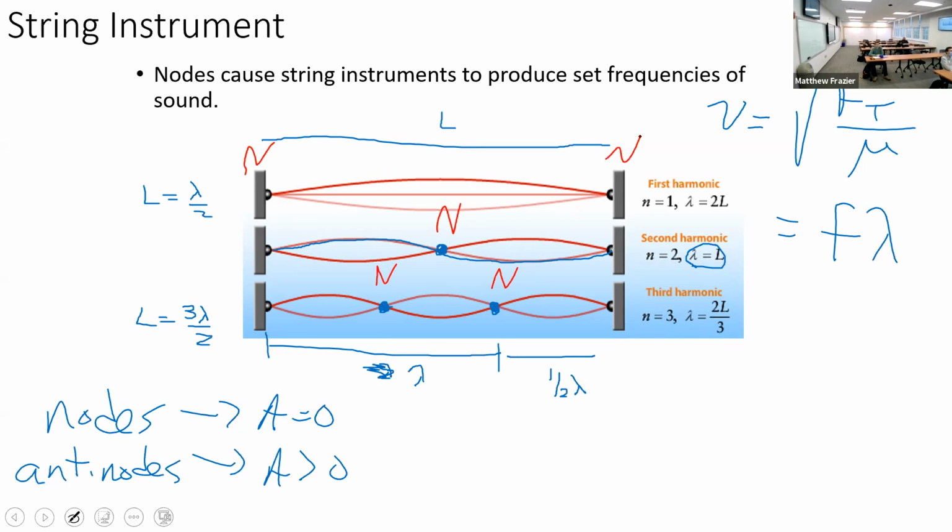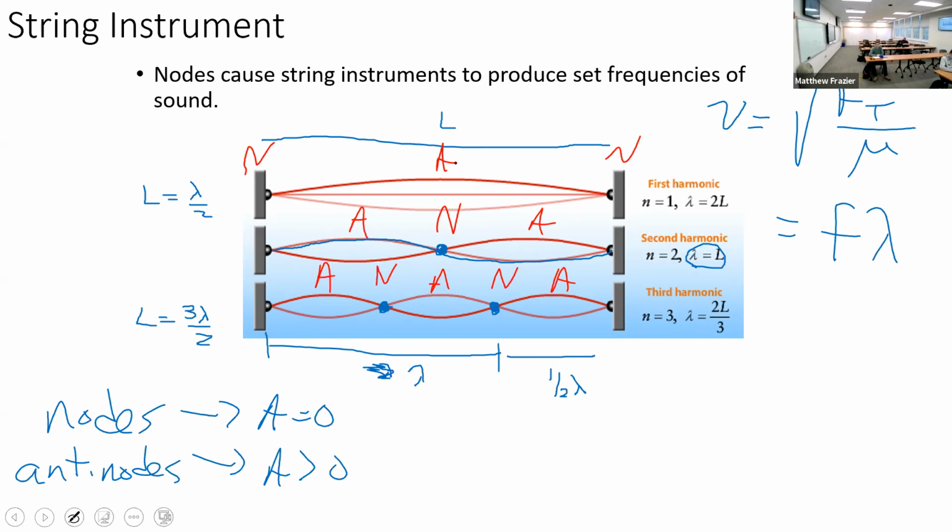The points that are large amplitude are antinodes. So in this bottom row, we'd have an antinode there, and there, and there. And then we'd have one there, and there. And then on the first row, we'd have one there. And so you can see the kind of pattern that you get.